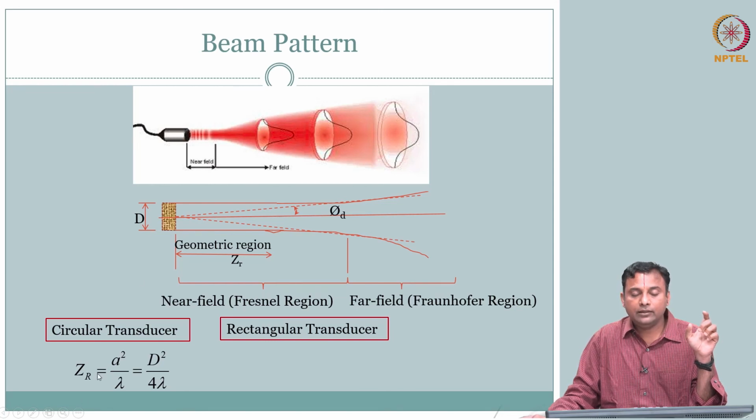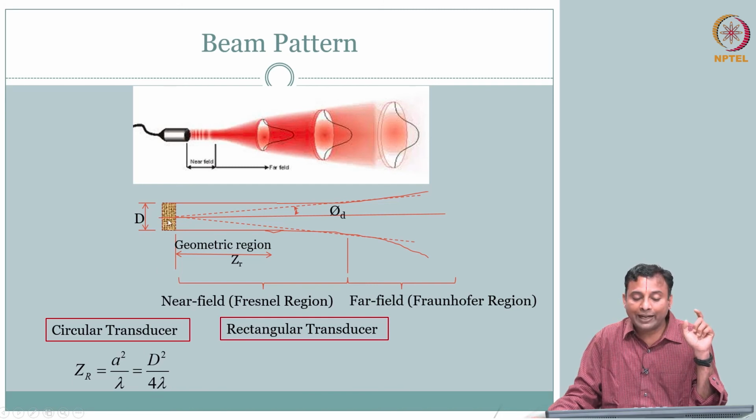This is the length over which z, this direction, is the depth over which you can have this divergence less than your d, your aperture size or crystal dimension. That is d square by 4 lambda. This is radius, so ignore. D is the diameter. So d square by 4 lambda.